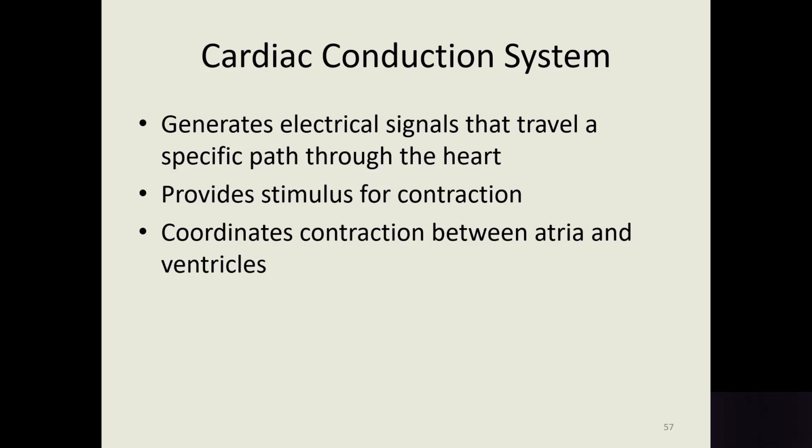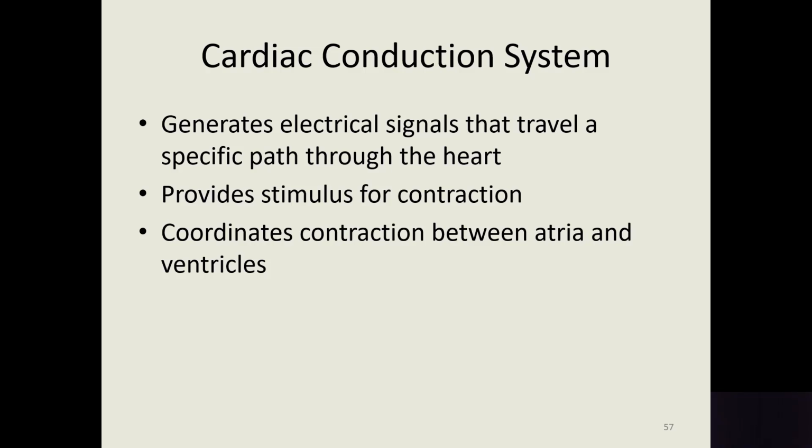They have a property called automaticity or autorhythmicity, which means they can spontaneously contract without being innervated by a nerve. They can contract as a unit, so they form something called a functional syncytium that allows a wave of depolarization to travel from cell to cell and allows them to contract together as a unit. So either all fibers in the heart contract as a unit or the heart doesn't contract at all.